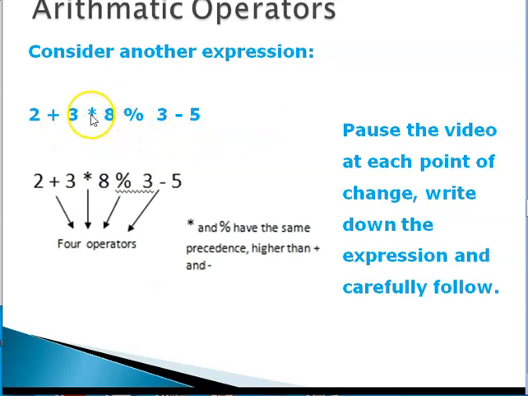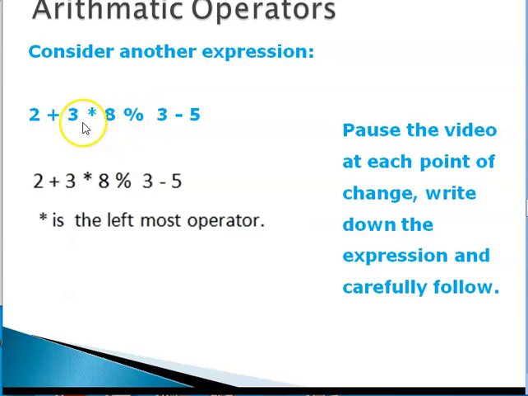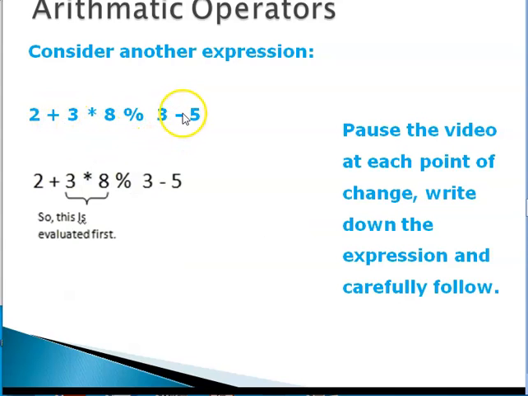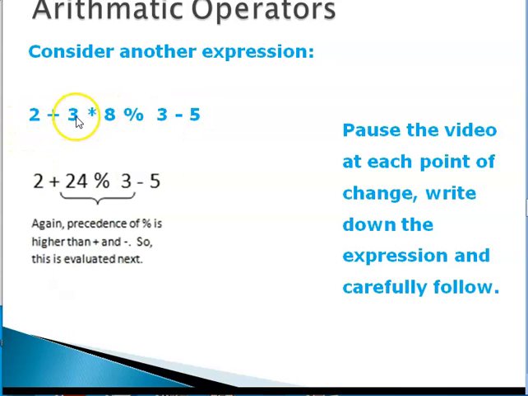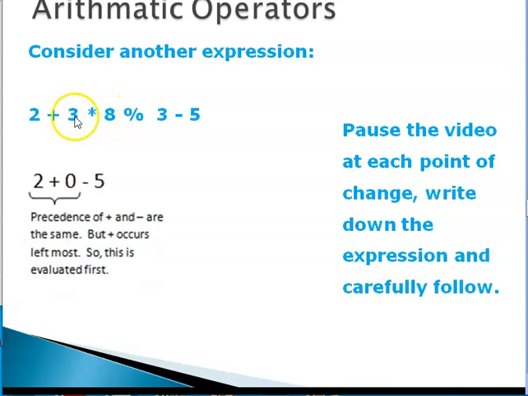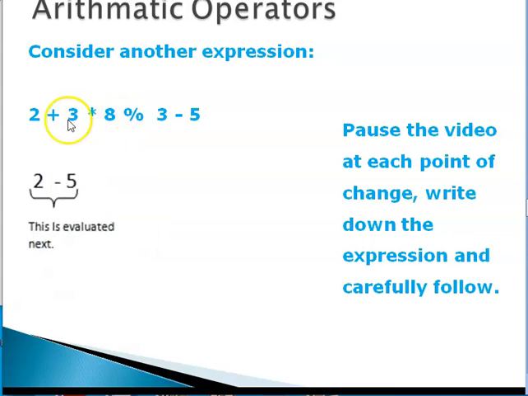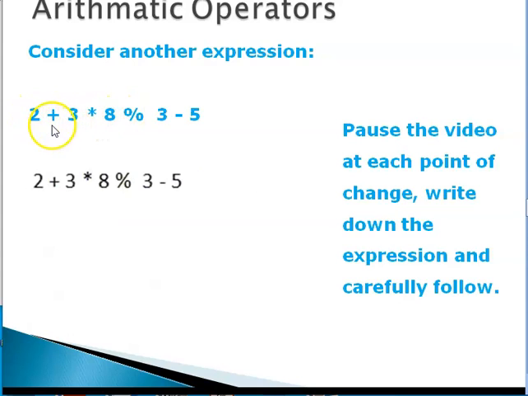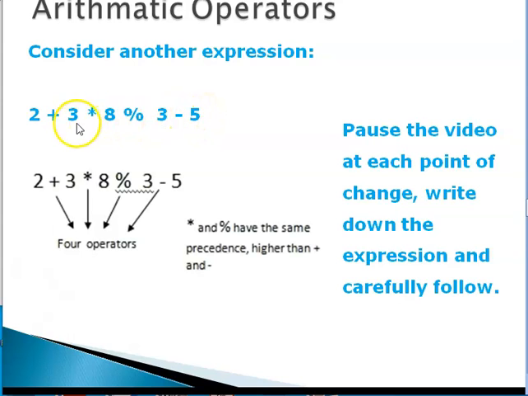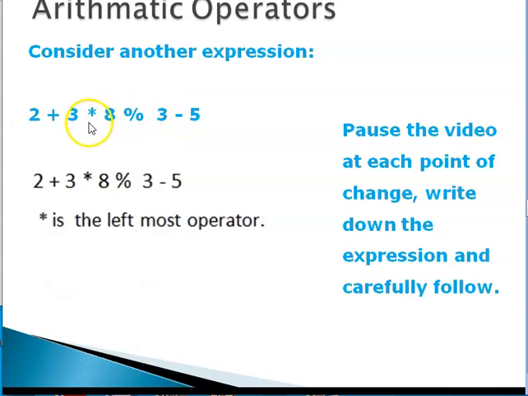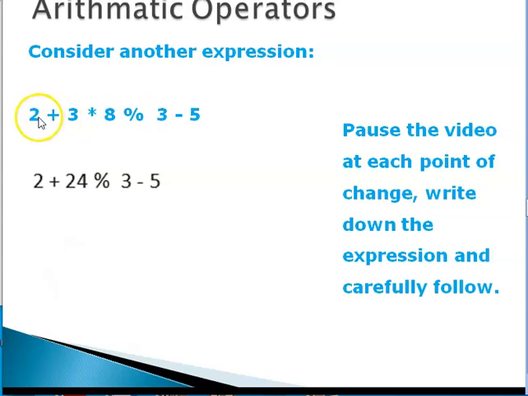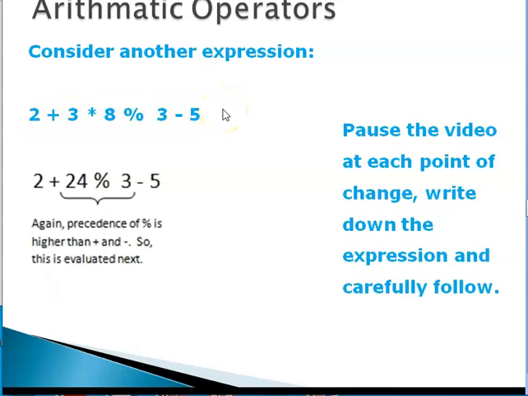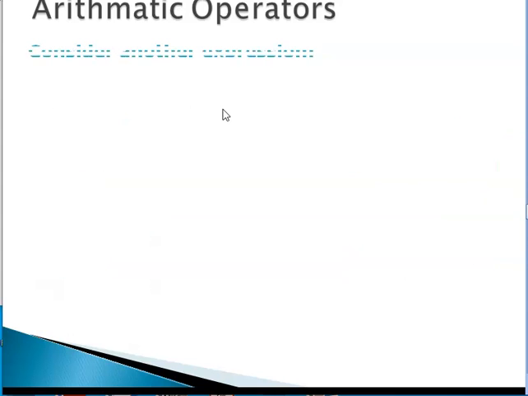Of these, star and percentage have higher priority than plus and minus. So it will evaluate the leftmost operation, that is 3 star 8, which is 24. So you have the expression 2 plus 24 % 3 minus 5. Again this 24 % 3, that is the remainder when 24 is divided by 3, is evaluated, which is 0. So 2 plus 0 minus 5, minus 3 is the value of the expression.